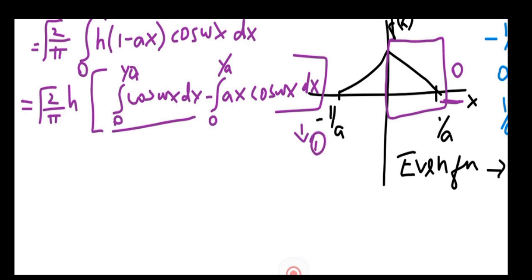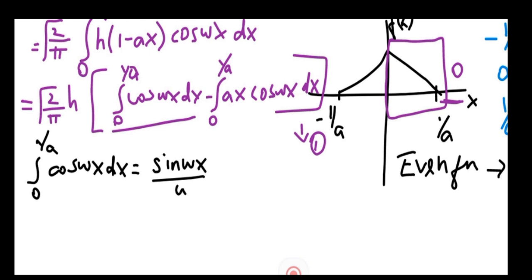Now we have to solve these integrals one at a time. The first integral is straightforward. The integral of cosine of omega times x from 0 to 1 over a is equal to sine of omega times x over omega evaluated from 0 to 1 over a.